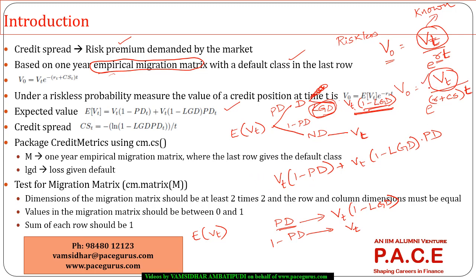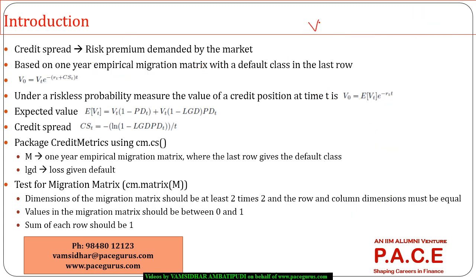So basically here I should substitute that number. I can very well say now my V naught, which is the current value, for a risky security is nothing but the expected value of Vt, which is Vt into 1 minus probability of default plus Vt into 1 minus LGD into probability of default.